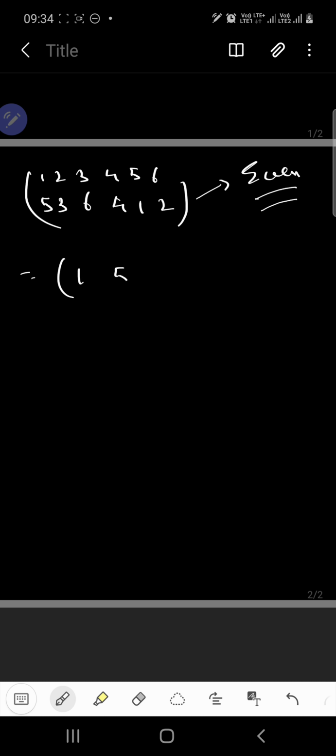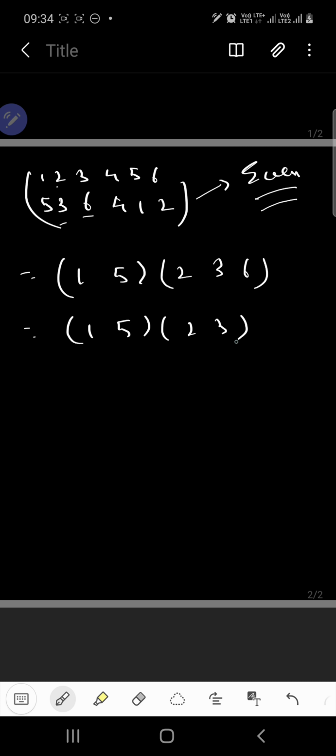So 1 5, 1 transposition, 2 3 6, right? 2 changes to 3, 3 changes to 6, 6 changes to 2. This can be written as 1 5 2 3 and 2 6. So 1 2 3. So the number of transpositions becomes odd, therefore the permutation is now an odd permutation. Okay, so this is the fact about even and odd permutations.